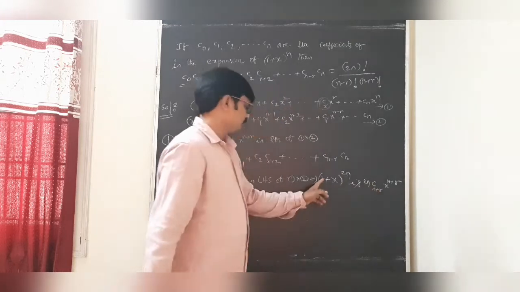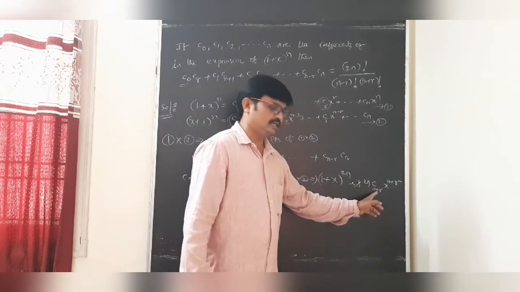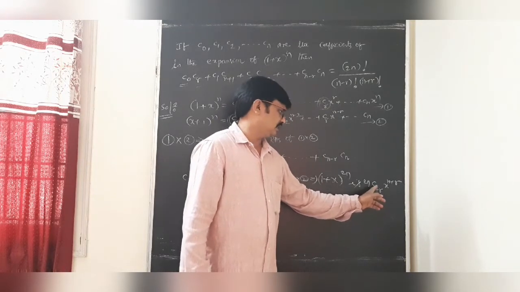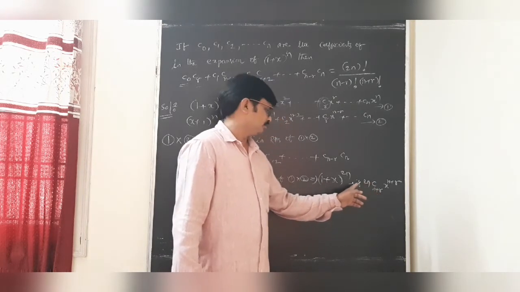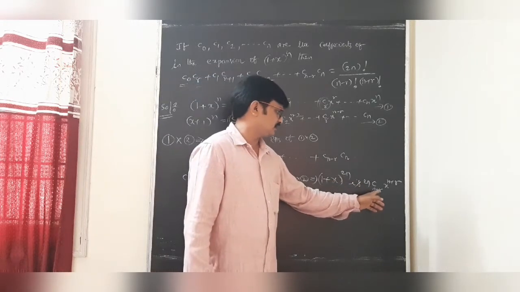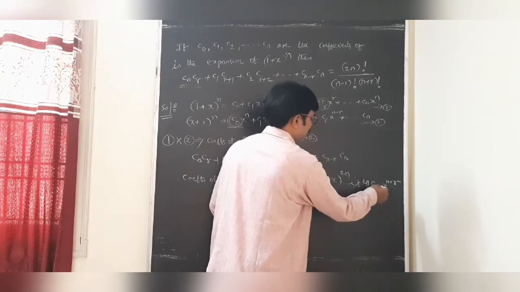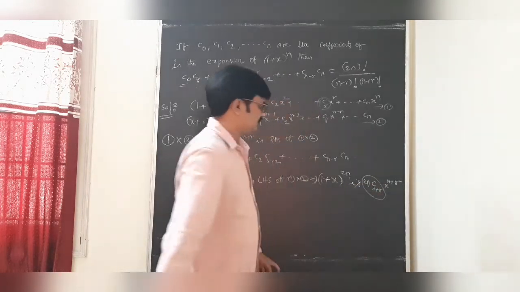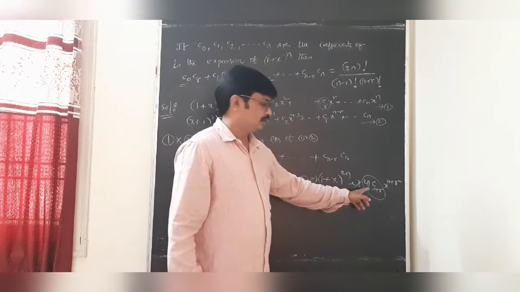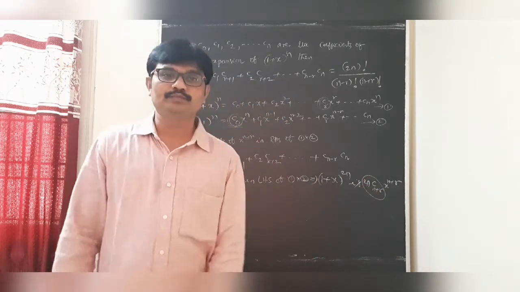Earlier (1 + x)^n is there, so nC(n+r) we could write, where n is there. But here we are taking (1 + x)^(2n), Cn+r x^(n+r). The coefficient is undoubtedly 2nC(n+r), since here n is 2n. So students, 2nC(n+r).